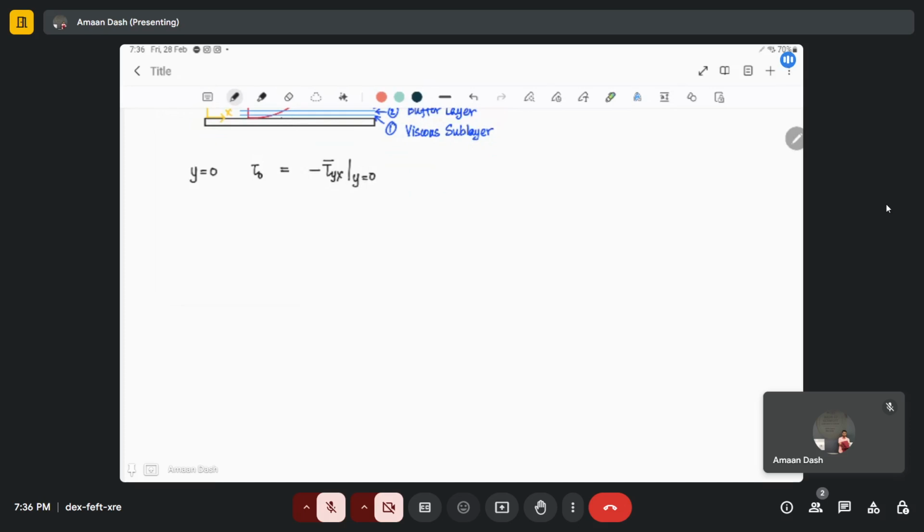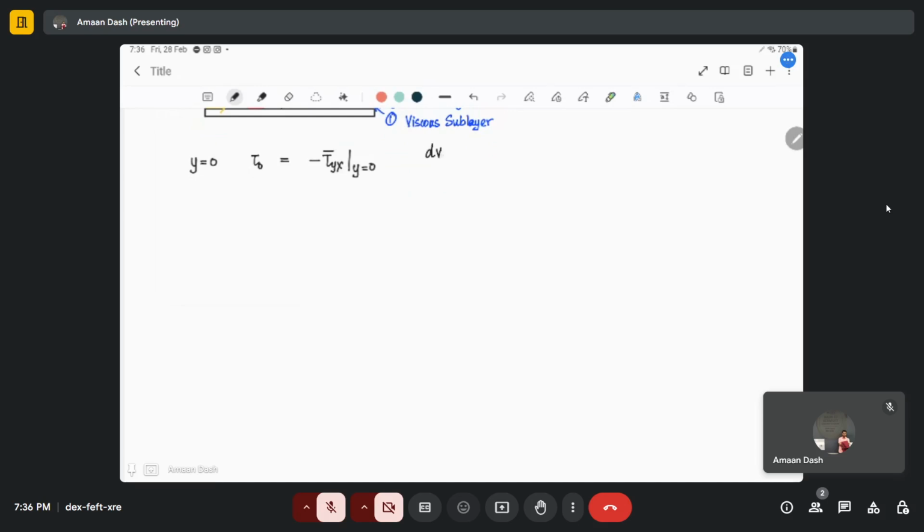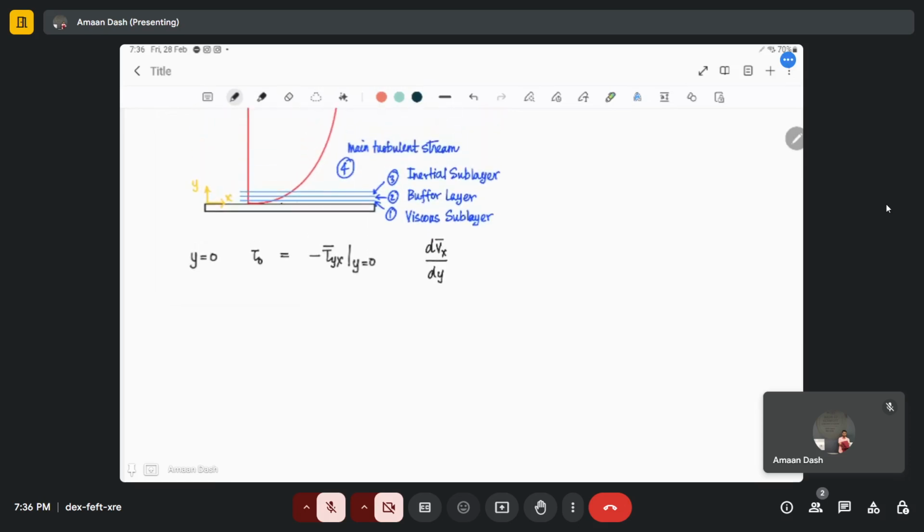Now, on what quantities will the time smooth velocity gradient depend? So this term, if we write, we have a velocity gradient that is d vx bar by dy. On what quantities will this velocity gradient depend?